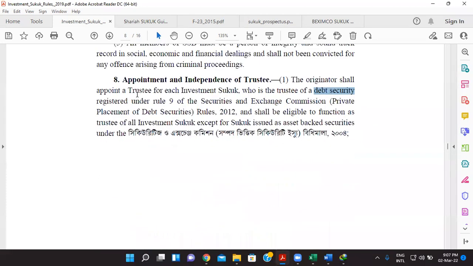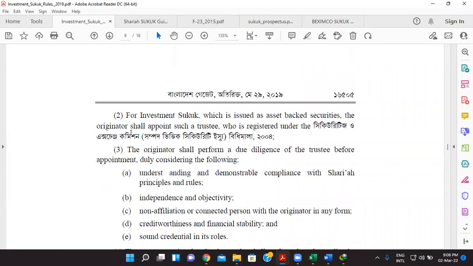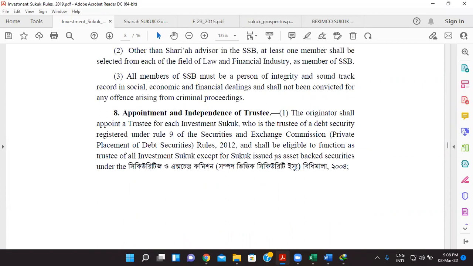So for Sukuk securities other than asset-backed, you are appointing a trustee under the rules, but if it is asset-backed, it is an exception.